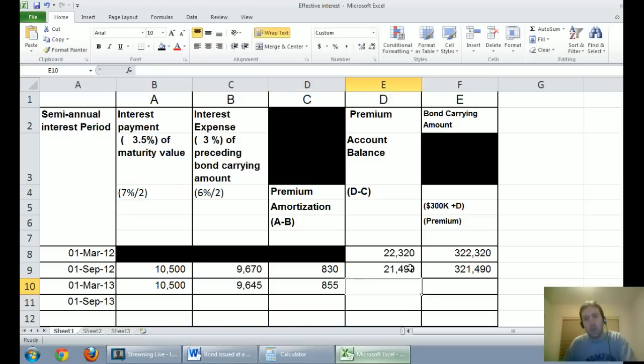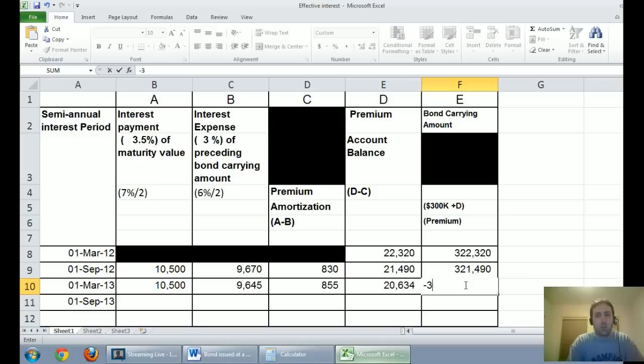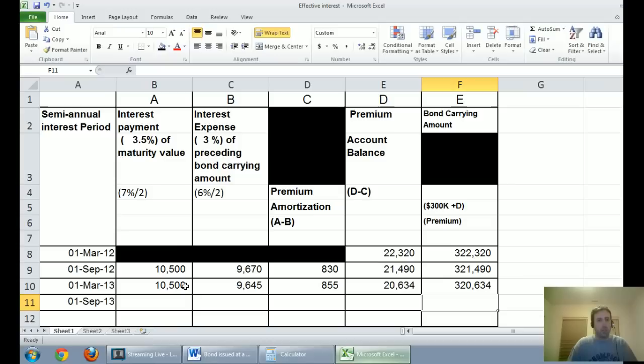The premium account balance, 21,490 minus 855, is 20,635. And the carrying amount equals 300,000 plus 20,635, which gives us 320,635.